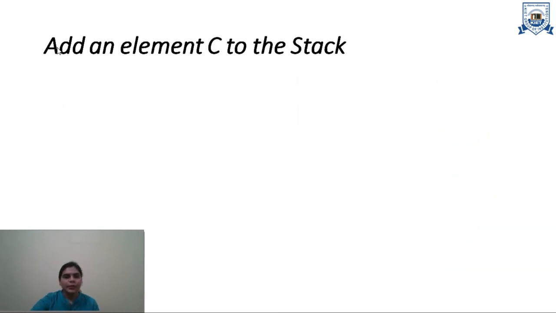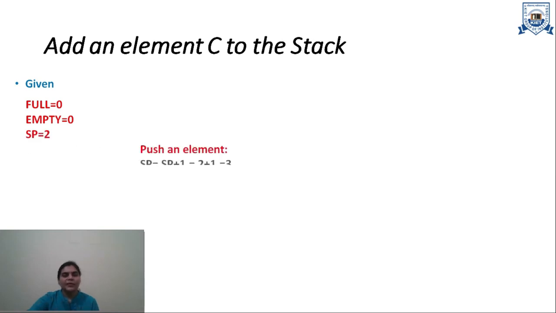Now, for example, we will add one more element C to the stack. Given full equals to 0, empty equals to 0, the stack pointer is pointing to 2. First, we will increment the stack pointer. Now it is pointing to 3. Data will be copied to the stack.